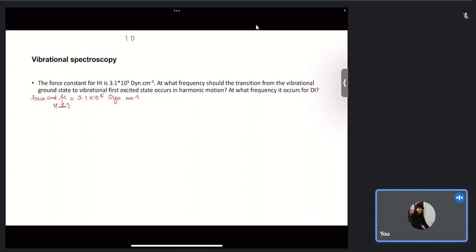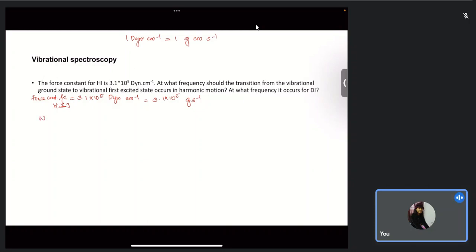So 1 dyne centimeter inverse is equal to 1 gram centimeter second inverse, so this is going to be 3.1 into 10 to the power 5 gram second inverse. We have been asked to find the frequency of transition.